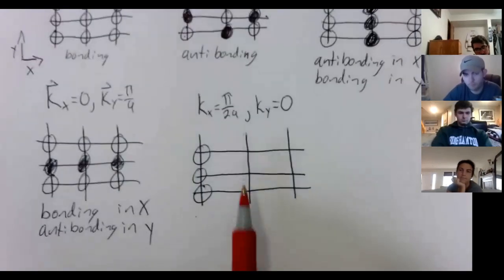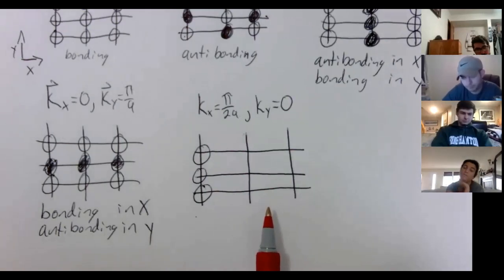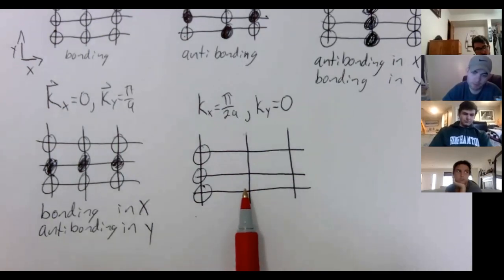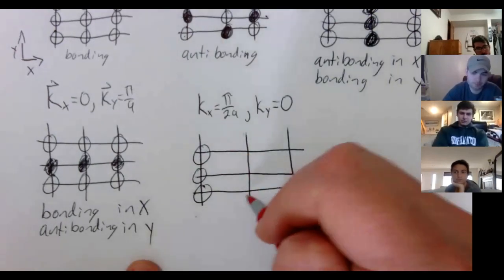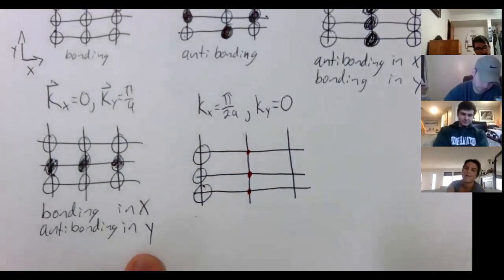So what should we draw on this plot? If they're non-bonding, it would be nothing, right? Because there's no contribution at all. Yep, there's no contribution at all. So there's nothing there.